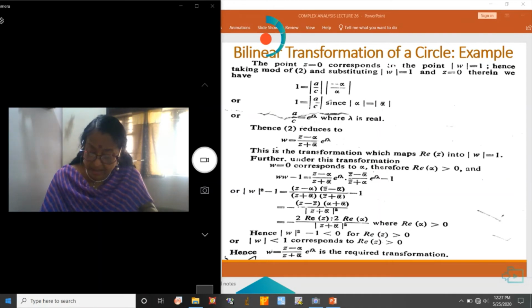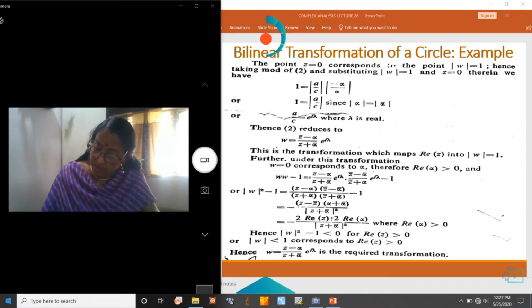When real z is greater than 0, then |w| squared minus 1 becomes negative. So real z greater than 0 means |w| is less than 1.